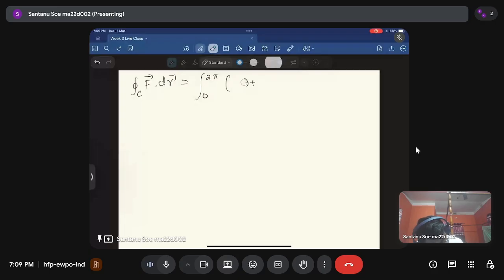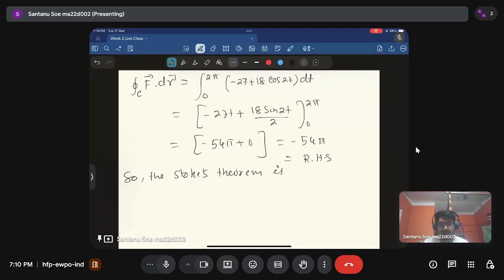So this is just minus 54 pi. Okay, and this is same as the RHS. So this Stokes theorem is verified. Okay, so I hope this is clear now.